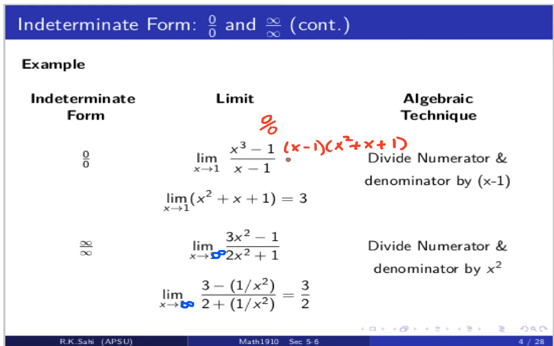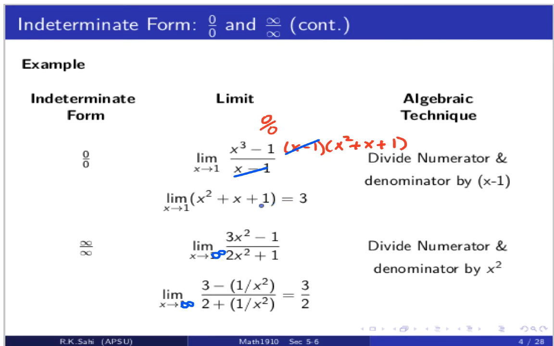The x minus 1 in the numerator and denominator cancel, and we get the limit as x approaches 1 of x squared plus x plus 1. When we substitute 1 here, by direct substitution, we get the answer to be 3.